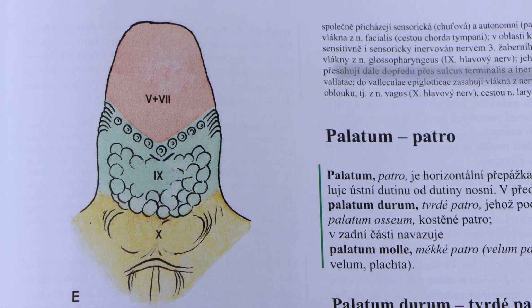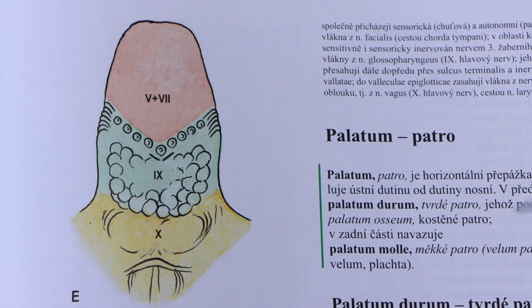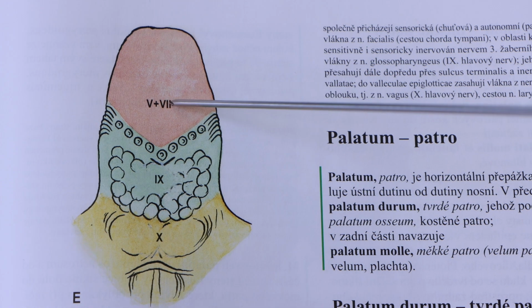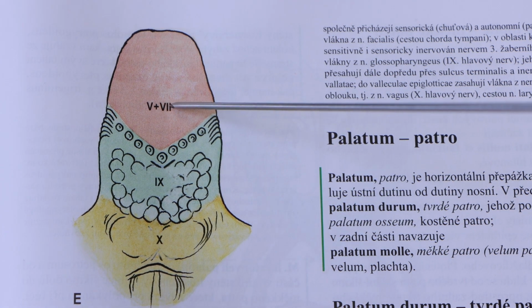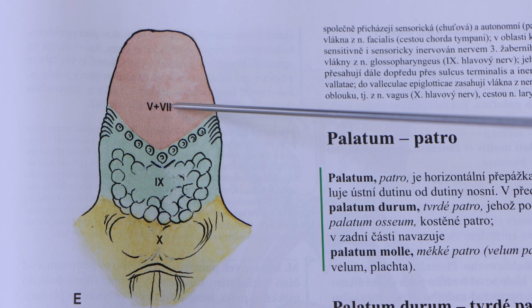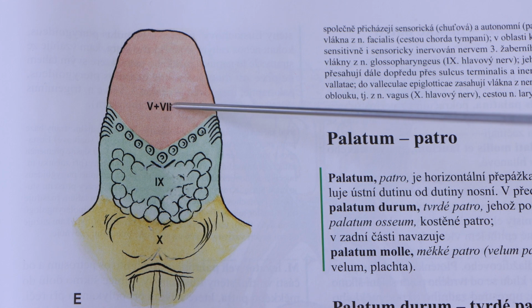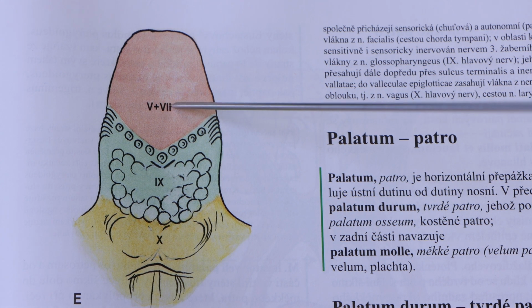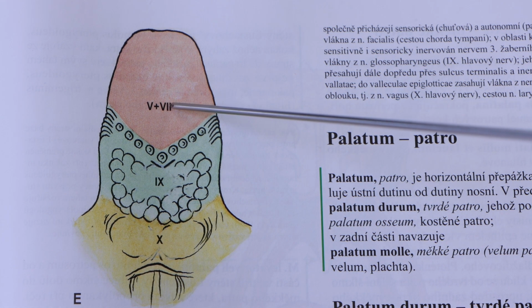Chorda tympani, as we already discussed, arises from the descending part of the facial canal, passes through the petrotympanic fissure, and then joins the lingual nerve, carrying taste fibers and parasympathetic fibers to the lingual nerve.